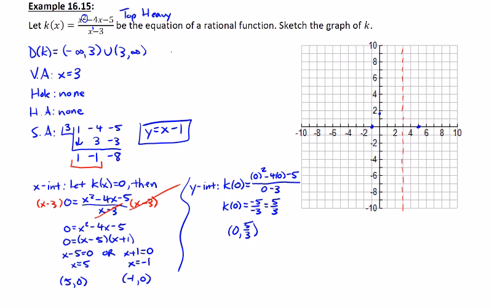So I'm going to come down here to -1, which is where the y-intercept is going to be, and the slope on this is just supposed to be 1. So I'm going to draw an asymptote, and notice that it's at a slant, it's at an angle, but it is going to look identical to the line y equals x minus 1.